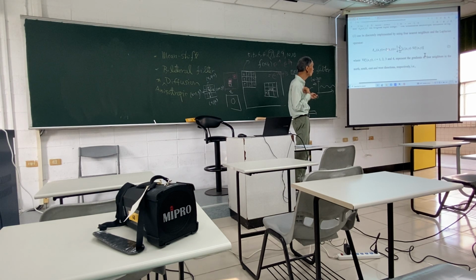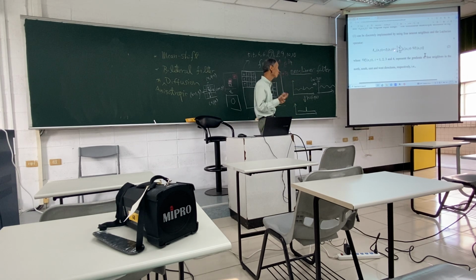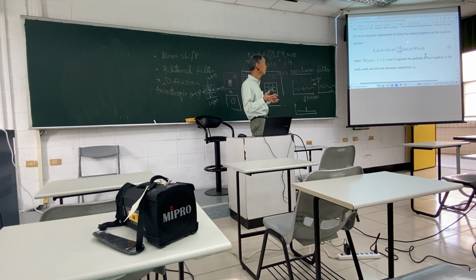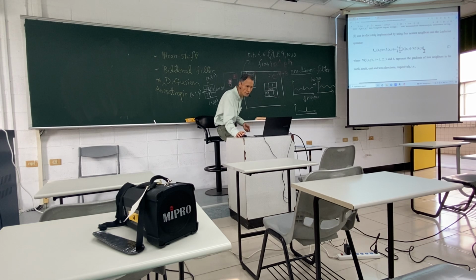We need to do it for several iterations until the result is satisfactory. But again, if x, y is an edge point, no matter how many iterations you apply, it will remain the same, but you will smooth the background or the noise in each iteration. That's the whole idea.